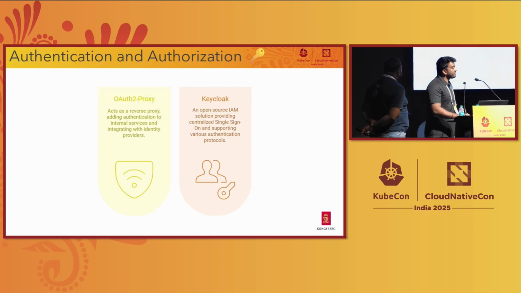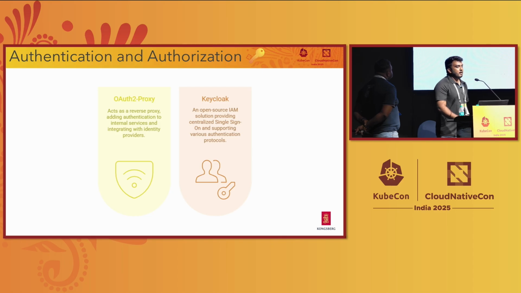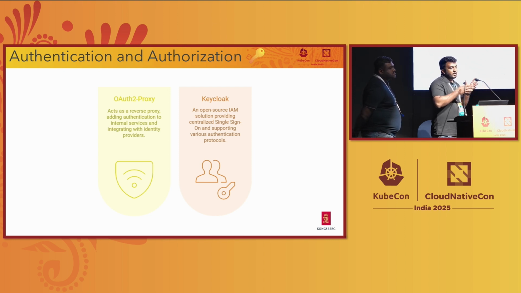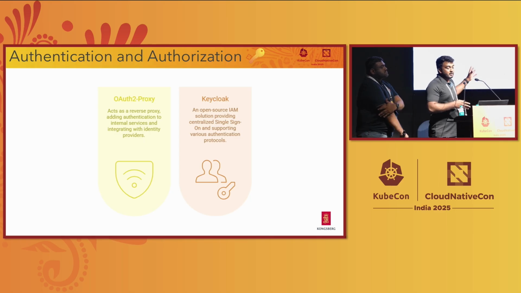Coming to authentication and authorization, we had a problem with Thanos and Loki. They don't come with a built-in mechanism to validate your request or to know who is actually sending the request. That's where we used OAuth2 proxy. OAuth2 proxy sits in between our API in the cloud and our Loki and Thanos, and it validates the request.